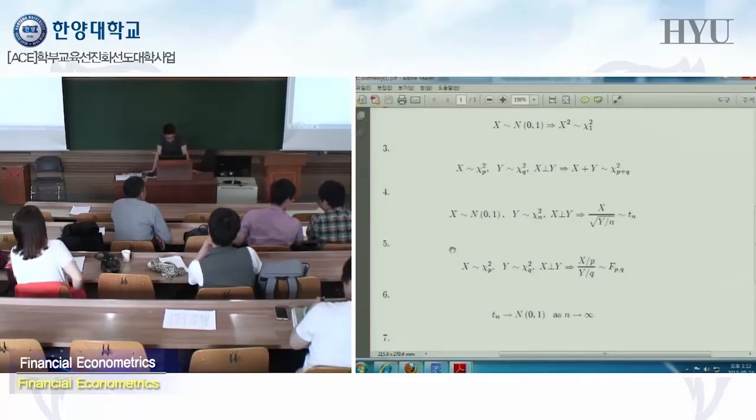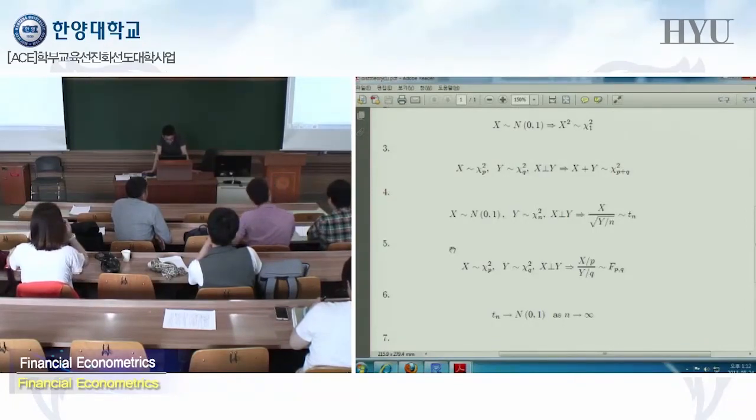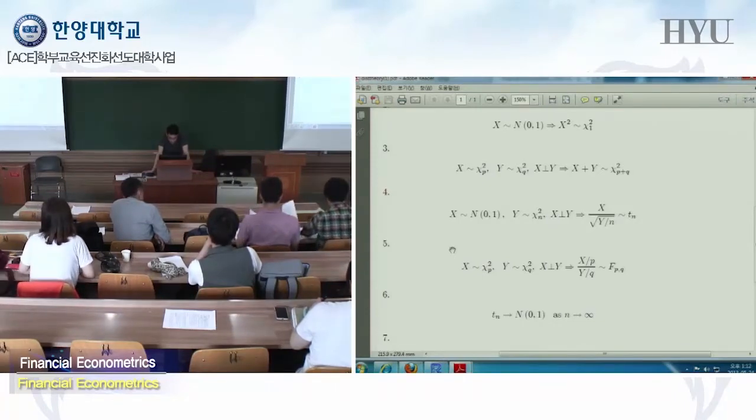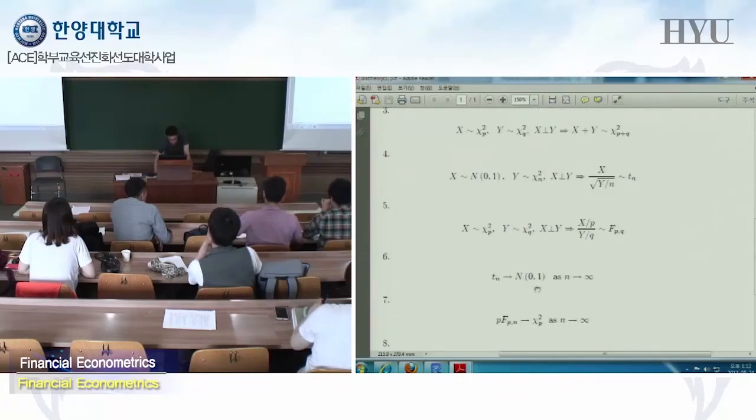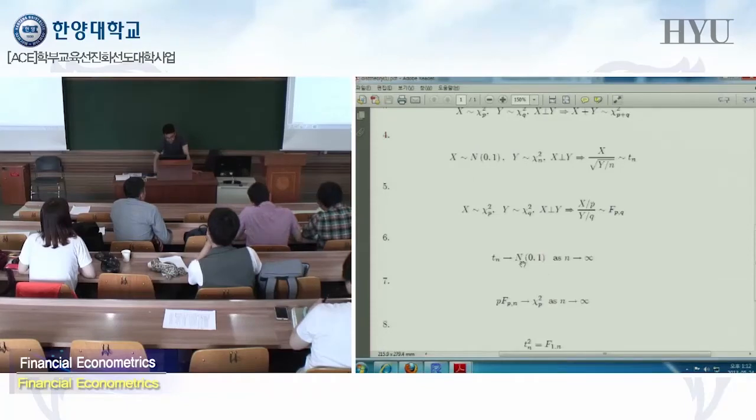Anyway, for number 5, if x follows a chi-square distribution with degrees of freedom P, and y follows a chi-square distribution with degrees of freedom Q, and if x and y are independent, then x over P divided by y over Q should follow an F distribution with P and Q. And the important thing about 6 and 7 is that the t distribution converges to the standard normal distribution if the degrees of freedom are large.